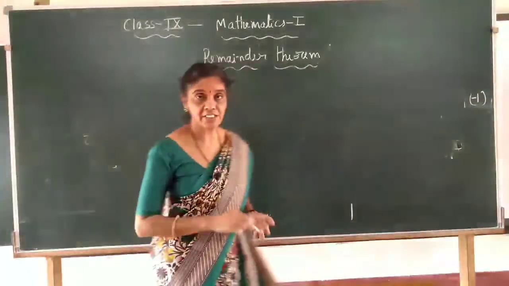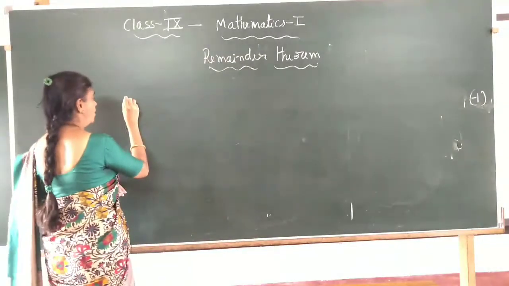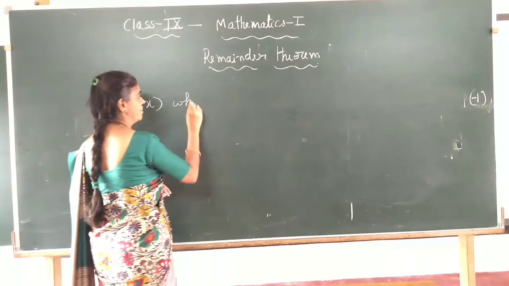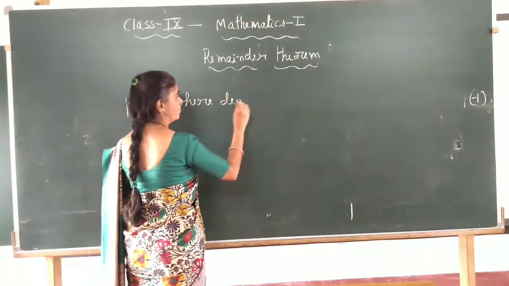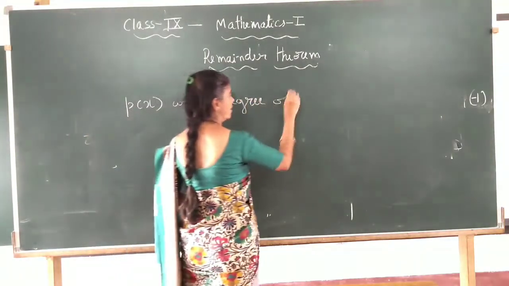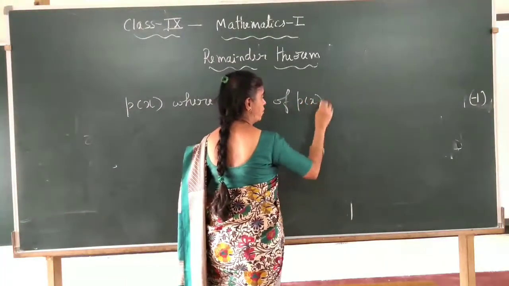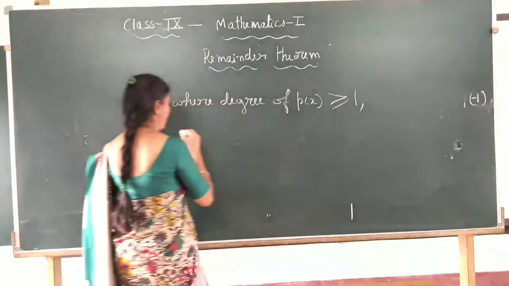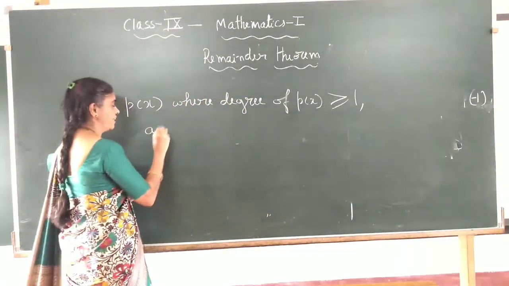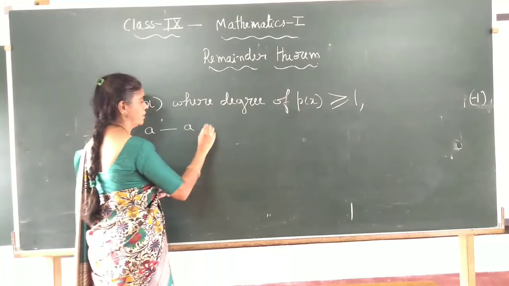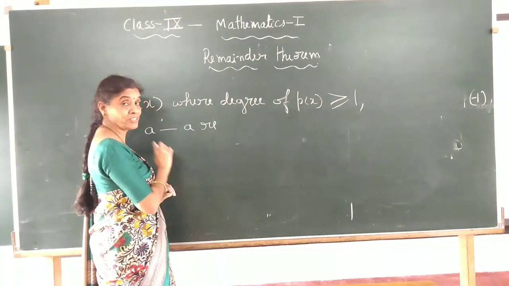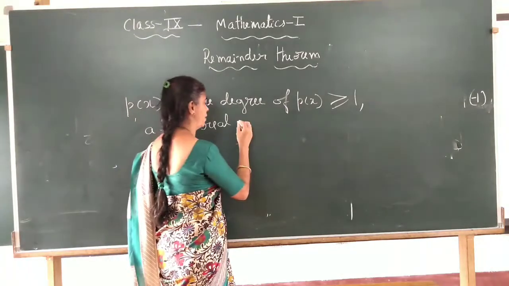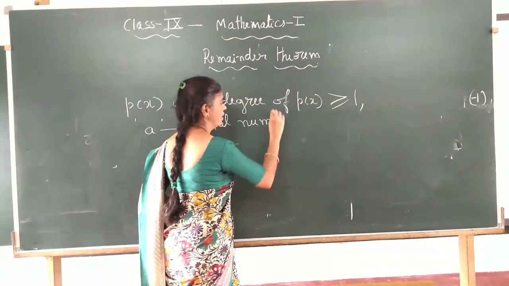So what is the rule, children? Remainder theorem. The polynomial p(x), where the degree of p(x) should always be equal to or greater than 1, and a is a real number. You have to take a as always a real number: 1, minus 1, whatever it is, a fraction, any number you can take. You have learned what is the meaning of real number.